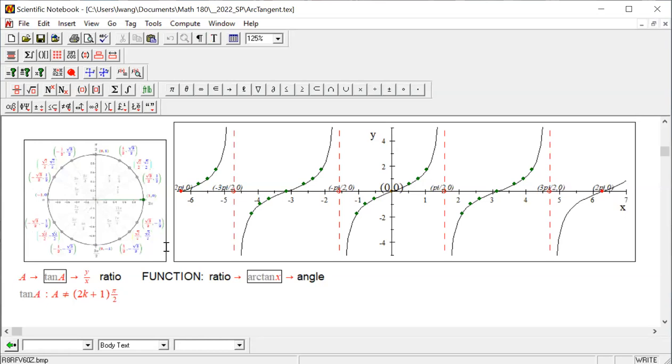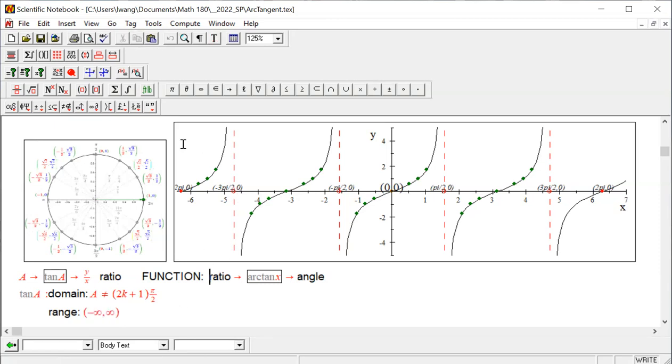And now, what is the range? Domain, range, just all real numbers, right? We've seen that, from negative infinity to positive infinity. Those are the possible ratios, so we want to keep that.